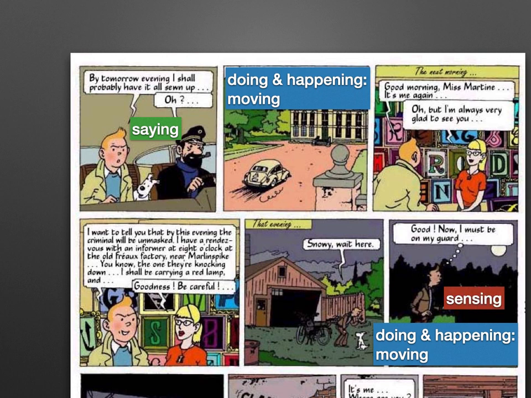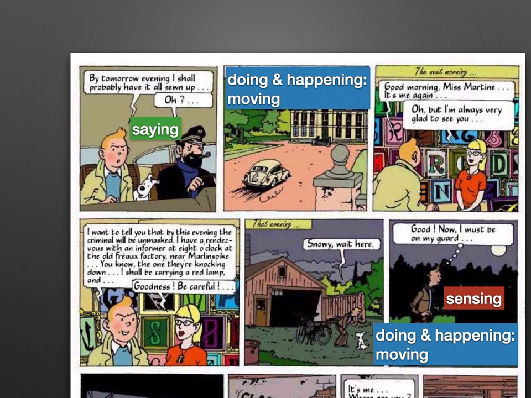And the second kind of experience that has to resort to language as well as picture is the experience of sensing. So here Tintin thinks, "Good. Now I must be on my guard." What is that?